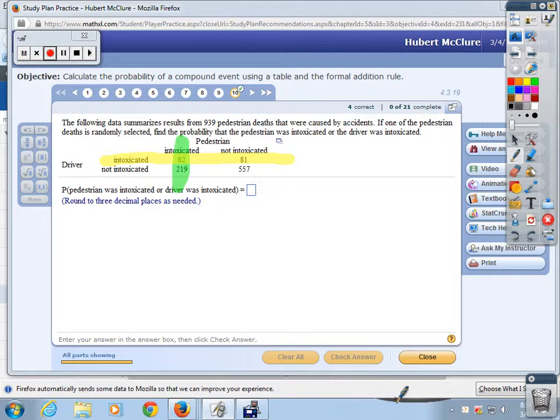Blow it up a little bit so everybody can see the numbers, please. So the total is 939, so that's on the bottom.